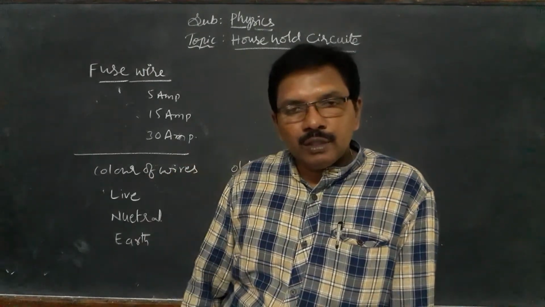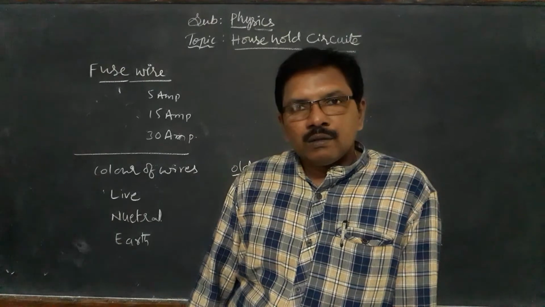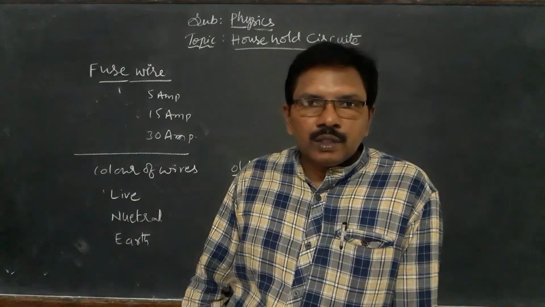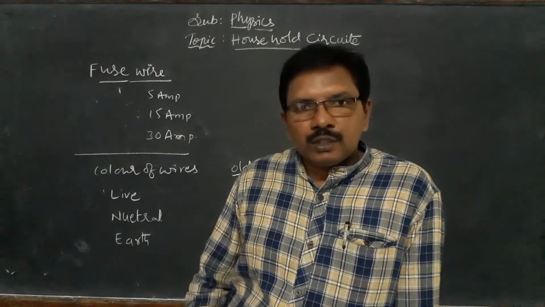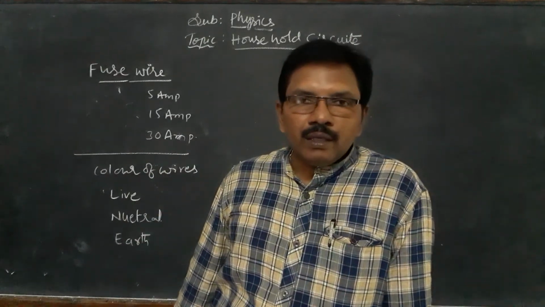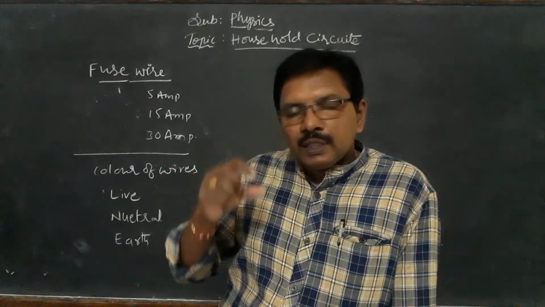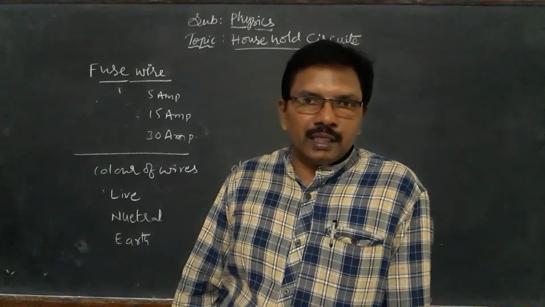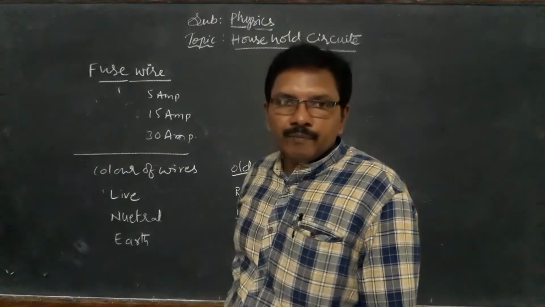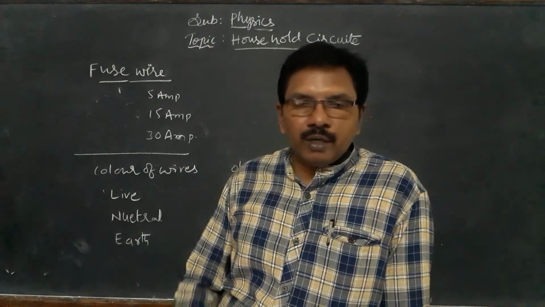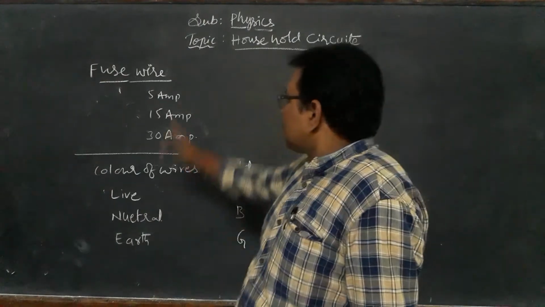To protect the total circuit, 30 amperes is required, so the fuse wire must have more thickness than the previous two. 30 amperes of current must pass through the wire. So that is about fuse wire.